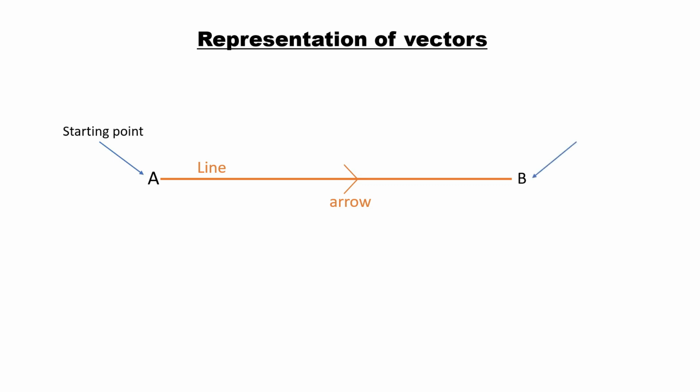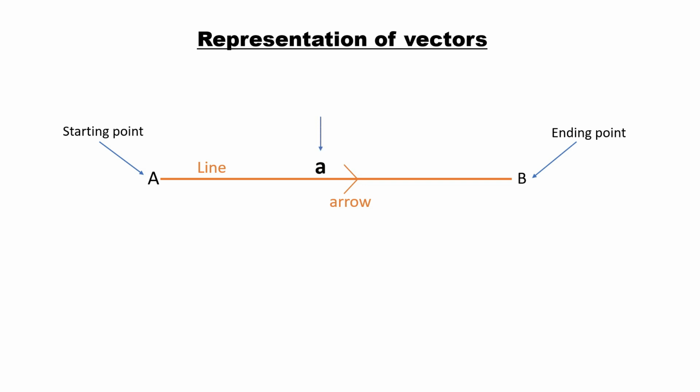Let us now see how to represent these vectors on a diagram. Let us draw a line, starting from point A and ending on point B. To represent the direction of the vector, we then put an arrow. So now we can clearly know that point A is our starting point and point B is our ending point. And guess what is left? We don't know the size of the vector.